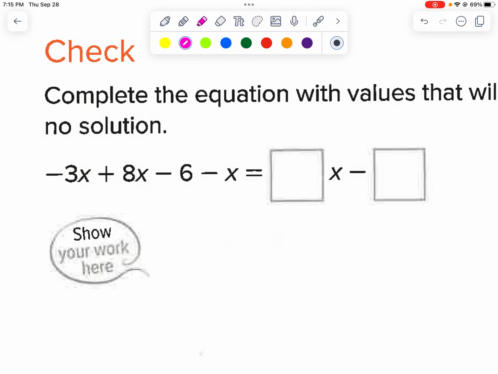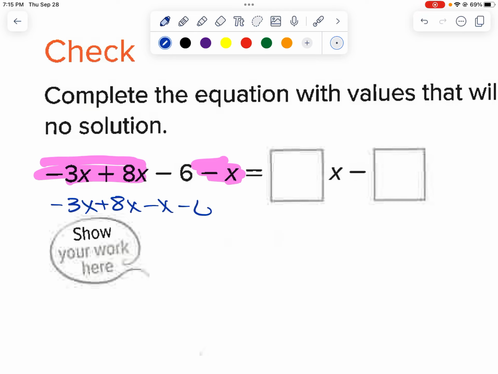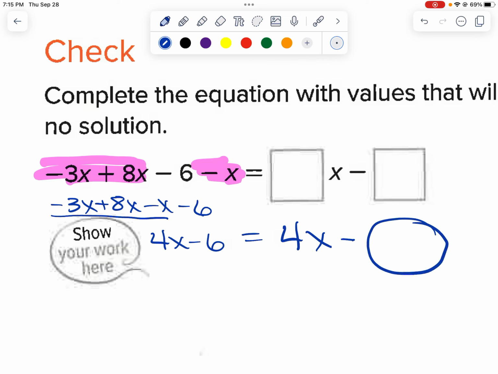Like terms. These are like terms along with this. Sometimes I like to rewrite it just so that they're right next to each other. So if I simplify this part right here, that is going to get me 4x minus 6. So on the other side, the coefficient has to be the same, but this number right here has to be different.